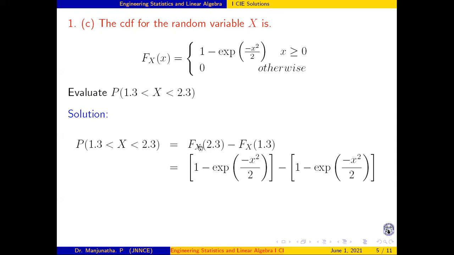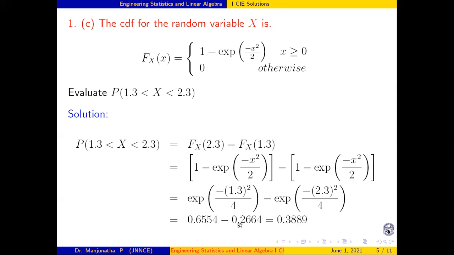While substituting 2.3 minus this, minus into minus gives plus, so I will write the first one and substitute the limits: 1.3 whole square by 4 minus 2.3 whole square by 4. Evaluating these two using a calculator, the answers are 0.6554 and 0.2664. The difference of these two is 0.3889. So this is the first question.